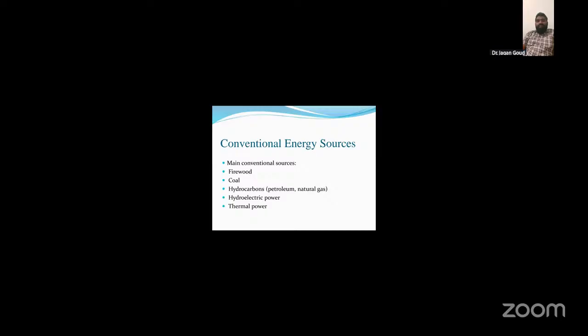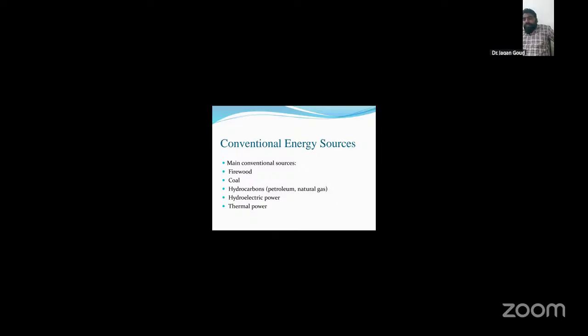Okay, third one is hydrocarbons, like petroleum and natural gas. In this description, fossil fuels formed from buried marine organisms. Petroleum is a liquid fuel refined into petrol, diesel, kerosene, like this. Natural gas is a gaseous fuel mainly composed of methane.